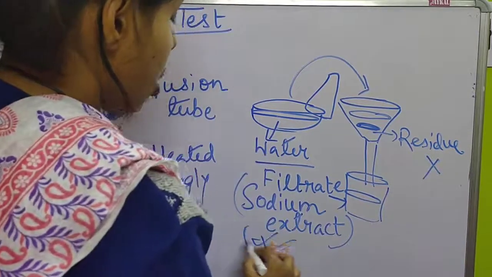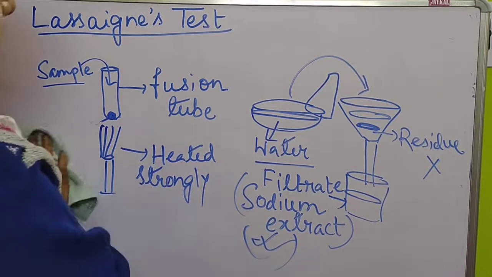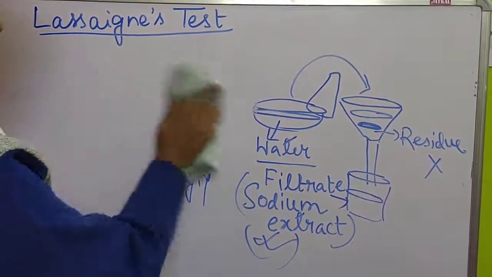We have to use only this sodium extract, okay. So this sodium extract you have to keep with you, which we have to use for different reactions, for the nitrogen test, okay, for halogen and for sulfur. So first I am discussing the test for nitrogen.